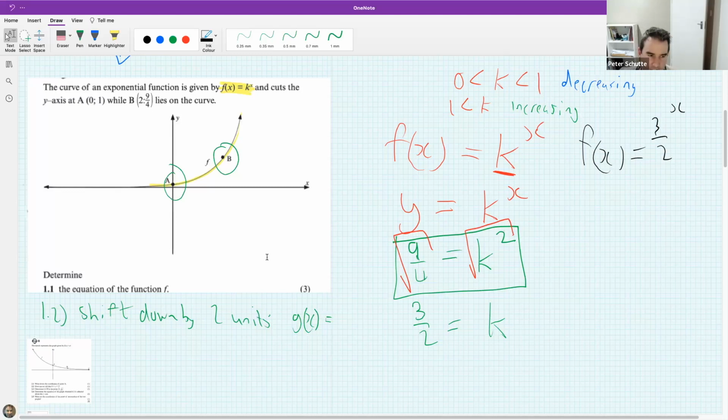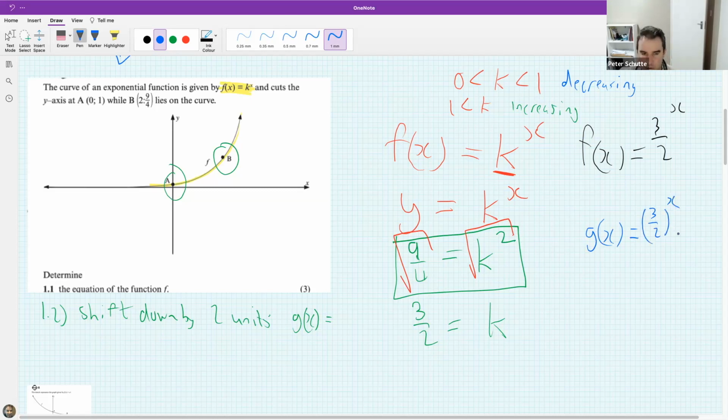What is my new equation of the exponential going to be? Think about it. So my new equation is going to be g of x, whatever the old one was, but then I have to take into account the fact that it went down by 2 units, so it's going to be -2.